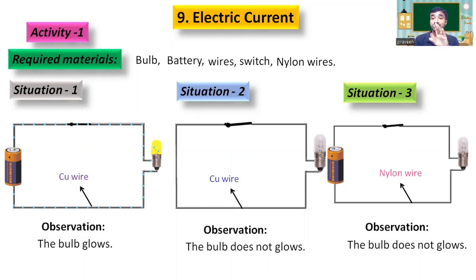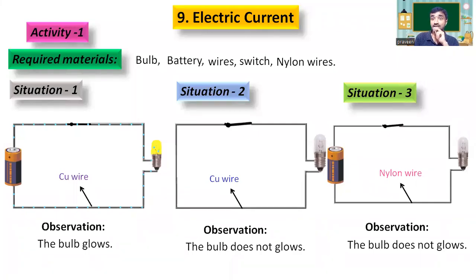The rest of the things are maintained as in situation 1. I have a switch. I have a bulb. I used copper wires. The source is there in situation 1. But I made a change in situation 2. I just removed the cell.